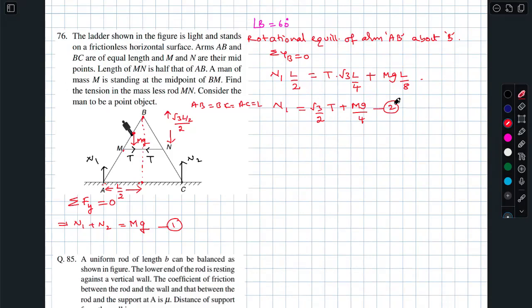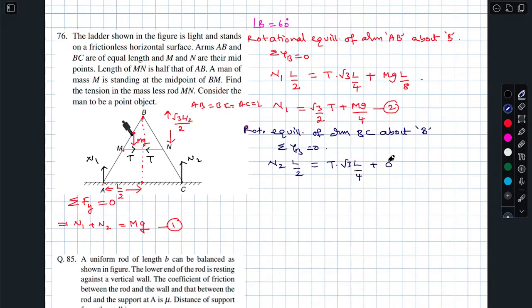Why do you write rotational equilibrium of arm AB? Similarly, rotational equilibrium of arm BC about B. Tau B is 0. Here also all the same formulas are copied. N2 L by 2 is T √3 L by 4 plus nothing.